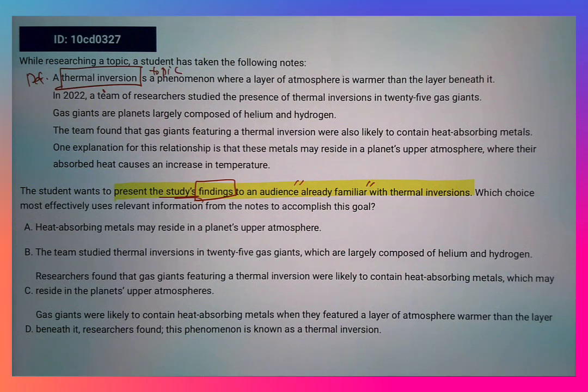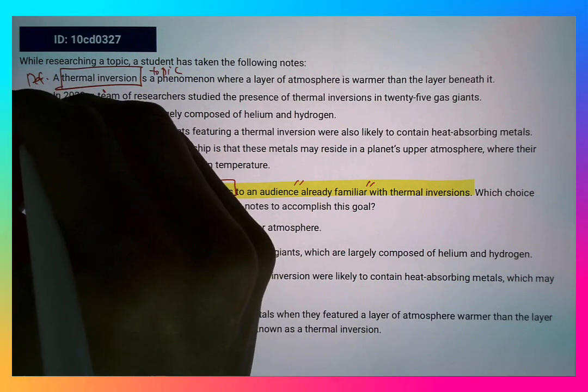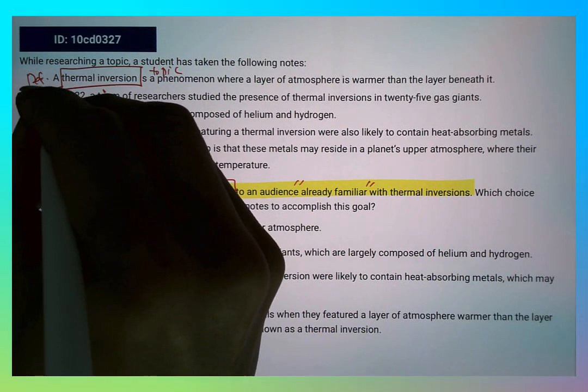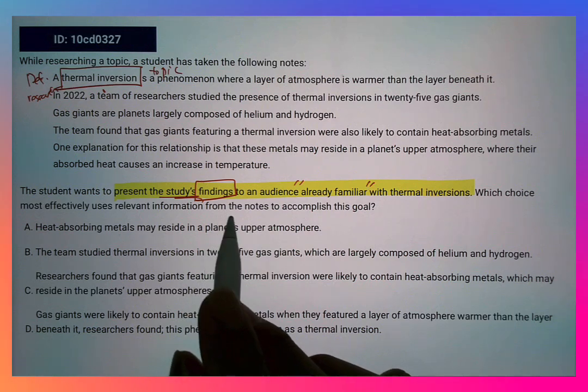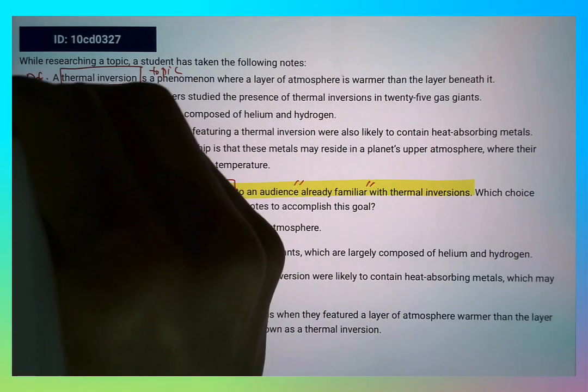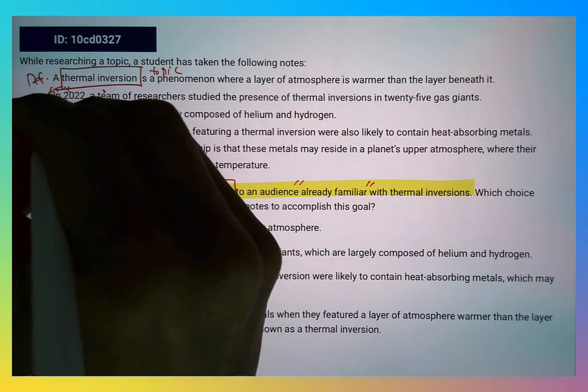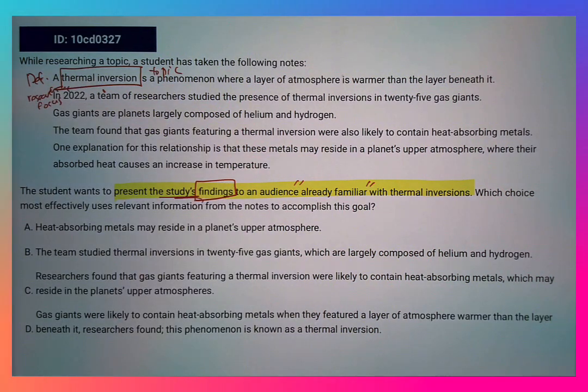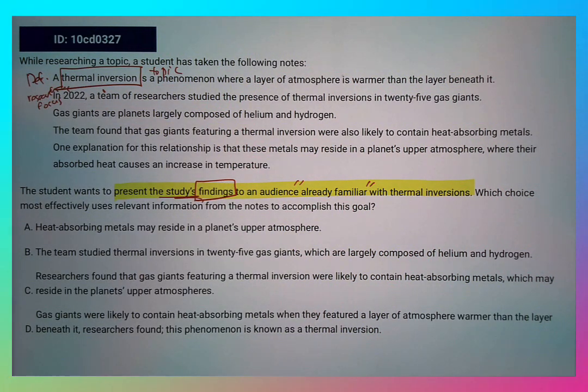Okay, so we're getting into the research, but so far it's not really findings. It just shows what their focus is. So the research focus is narrowed down to thermal inversions in 25 gas giants.